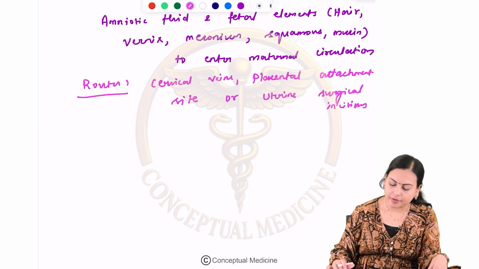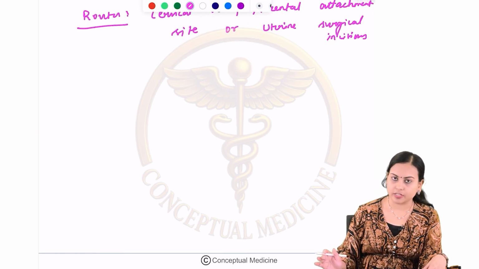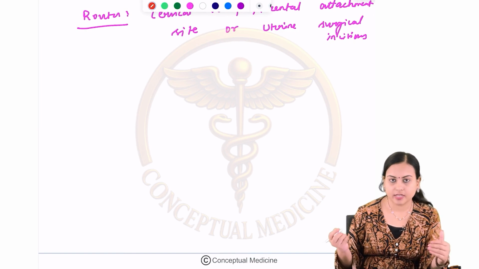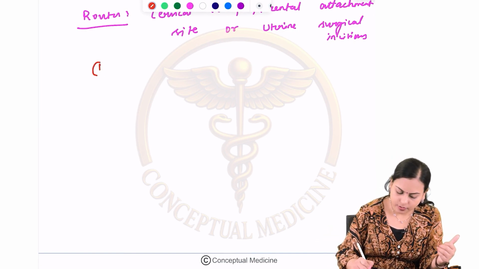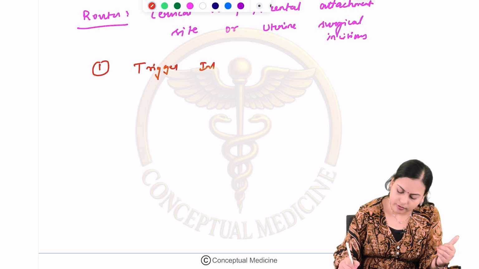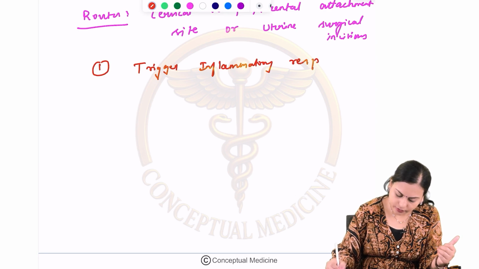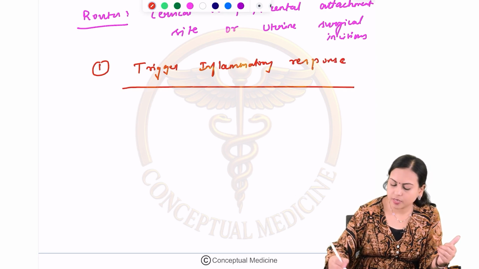So, when it happens, there can be three possibilities. Let us discuss one by one. The first possibility is that all these things are going to trigger an inflammatory response. Because of this inflammatory response, there are so many mediators that are released.